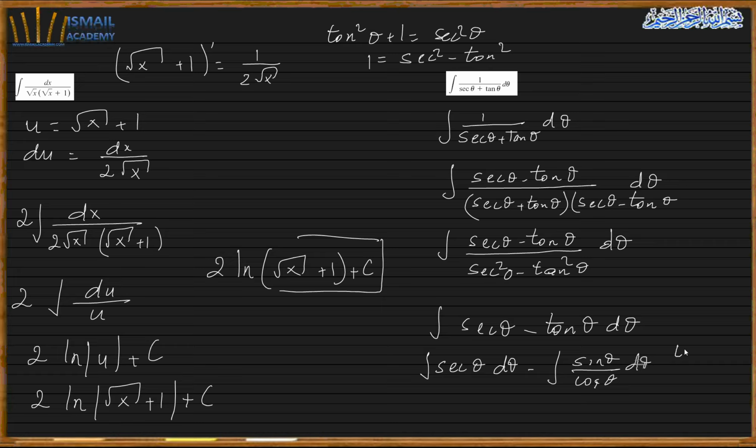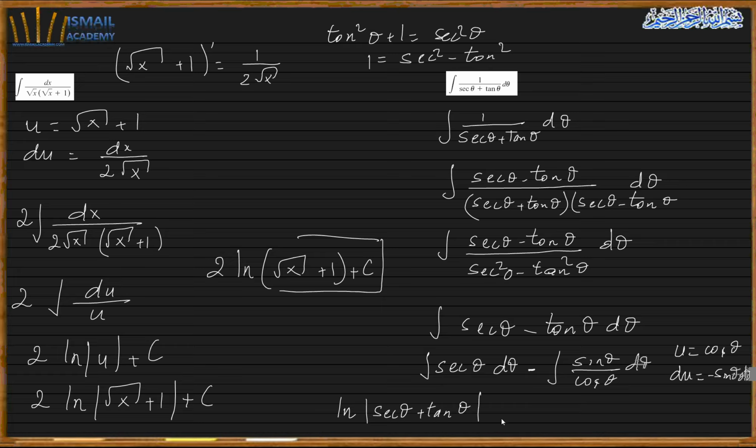Here u will be cosine theta, so du will be minus sine theta d theta. With the minus here, it's going to be plus du over u, and this will be ln, so it's going to be ln of secant theta plus tan theta.